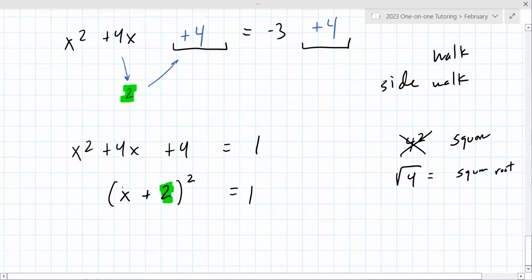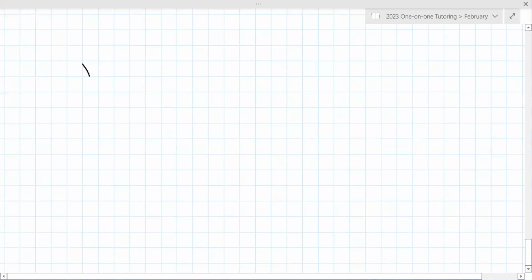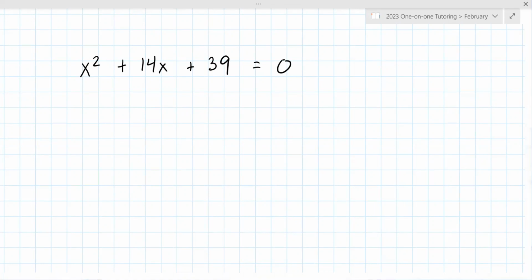Okay, so let's try another one here. x squared plus 14x plus 39 equals 0. You want to try this on your own? Yeah, sure. x squared plus 14x plus 39 equals 0.